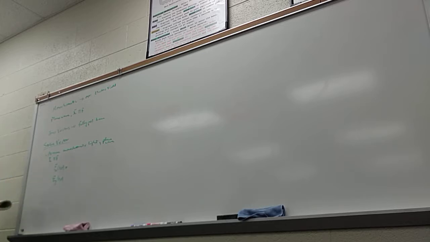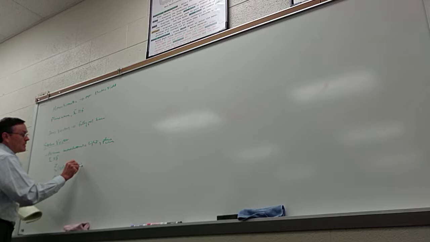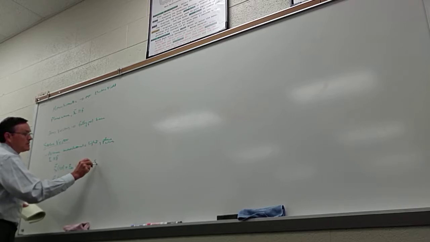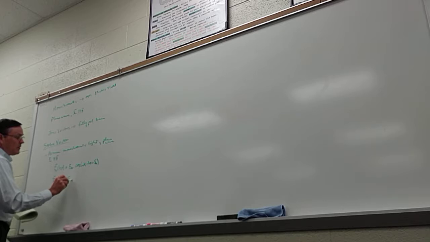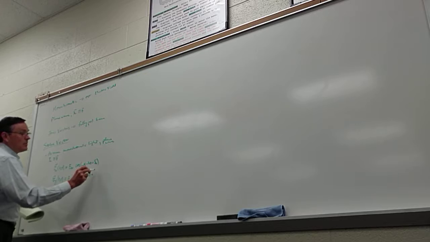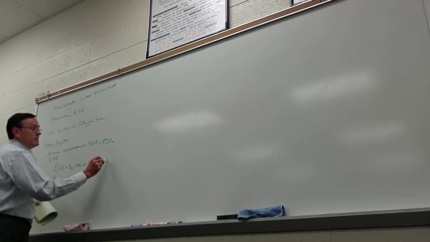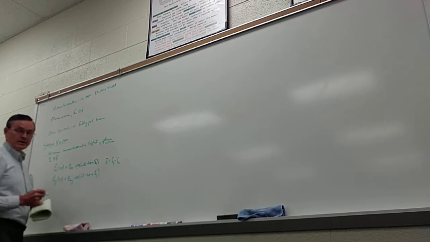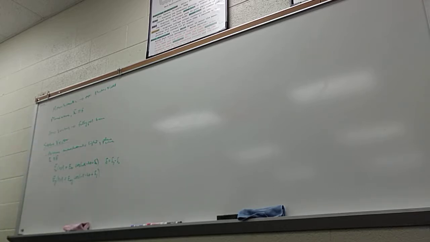And we can write them as simply E naught x, some constant real number, cosine omega t minus kz plus delta x, and E naught y, constant real number, cosine omega t minus kz plus delta y, and delta is just delta y minus delta x as usual. So simple enough to write down the expressions for the real electric field components.